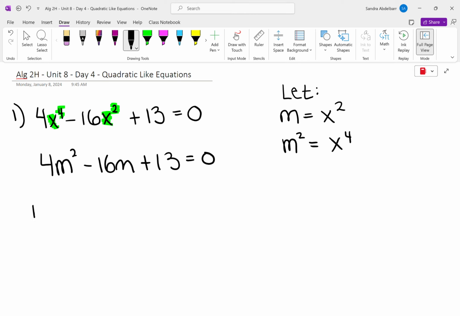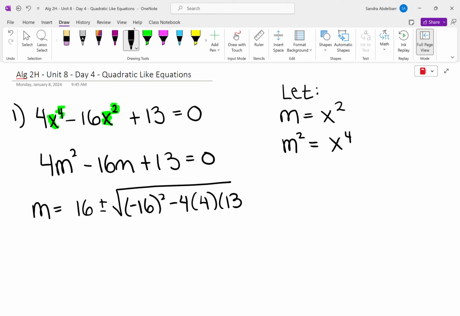Absolutely. So my m is going to equal negative b, which is a positive 16, plus or minus the root of negative 16 squared, minus 4 times 13, all over 2 times 4.